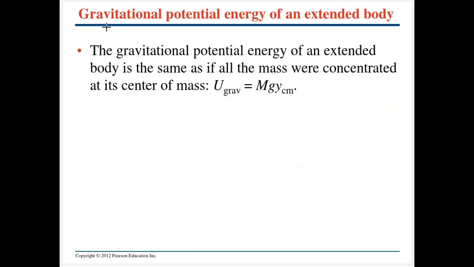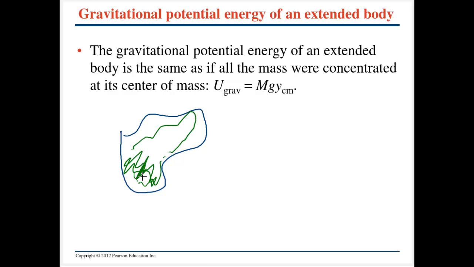While we're on the topic of energy, let's talk about gravitational potential energy for objects that are large and have size associated with them. If I have some object with its mass distributed throughout it, maybe it's more dense over here, then I know the center of mass might be more towards this side. When we talked about center of mass, we said that all of the rotation, translation, and so forth occurs about that center of mass point.